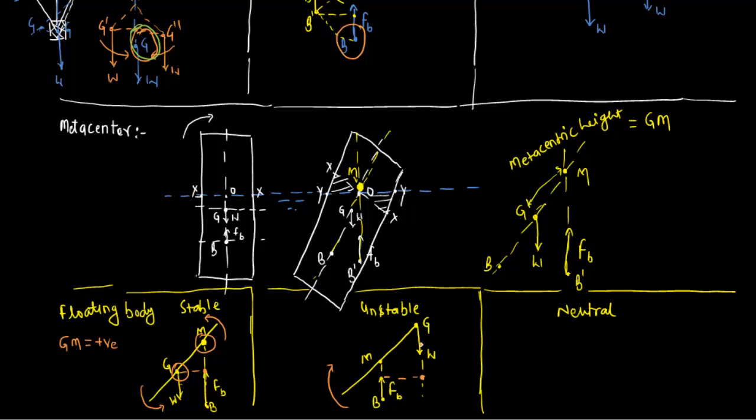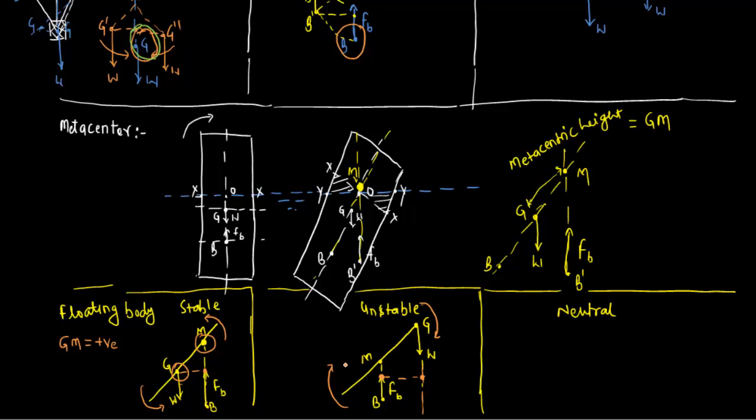Now this W is acting in the downward direction and into this distance, so this is also creating a clockwise moment about this point. So actually W is also creating a moment such that it will also try to disturb this body more and more.